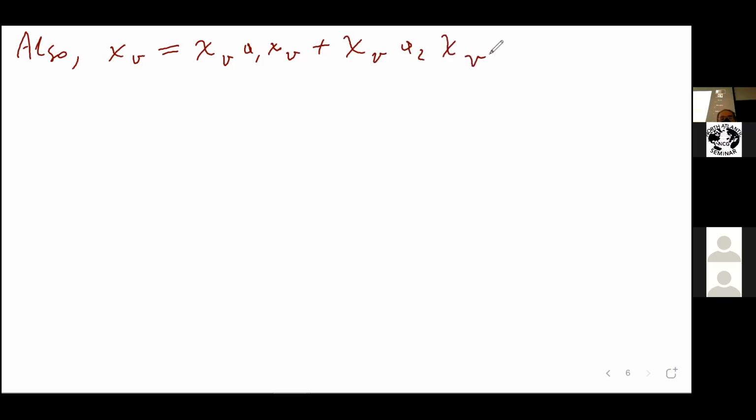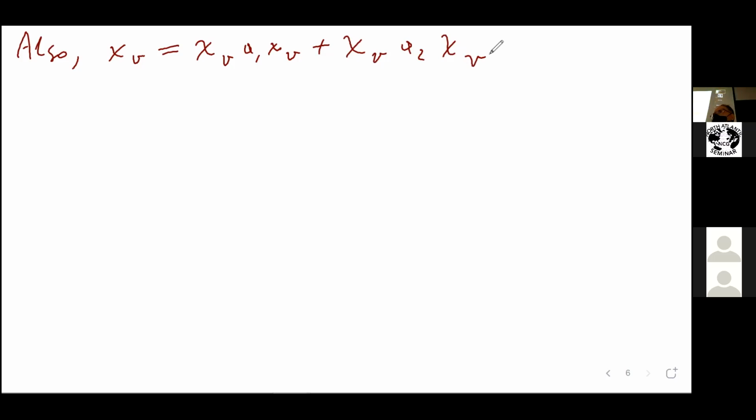This is obvious because chi v cubed is chi v, so I can put chi v from the left and the right, and therefore I have also the composition into chi v A1 chi v plus chi v A2 chi v.